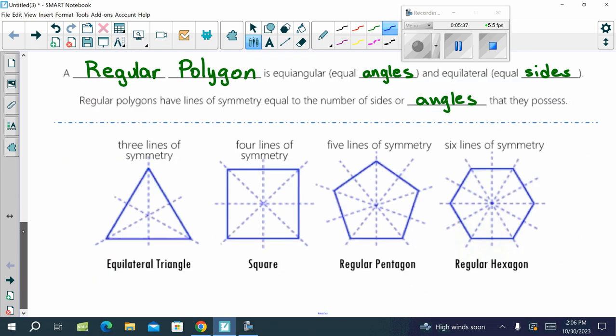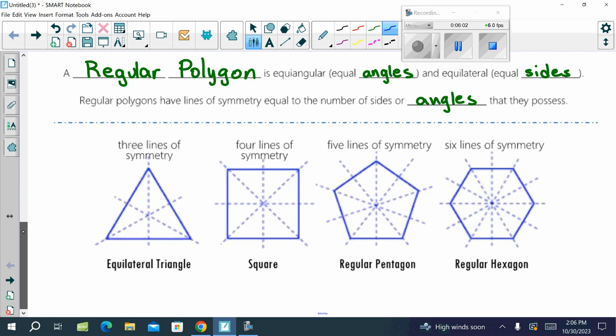Some of your regular polygons are below: an equilateral triangle, 3 lines of symmetry. A square, that's a regular quadrilateral, has 4 lines. A regular pentagon, 5 lines. A regular hexagon, 6 lines. And it keeps going. Any questions there?